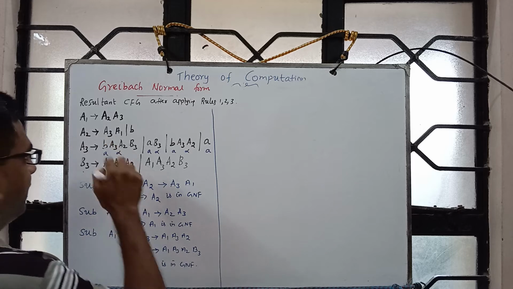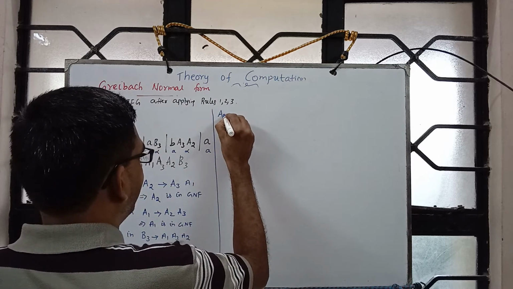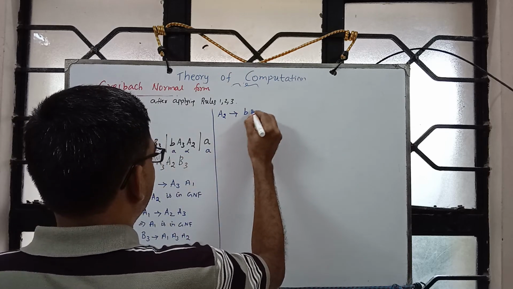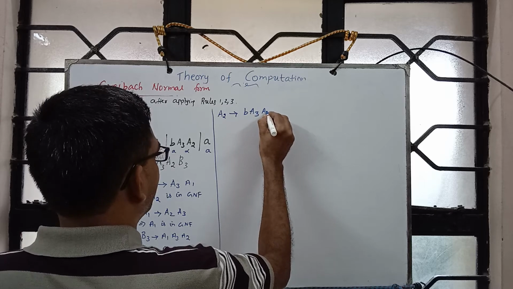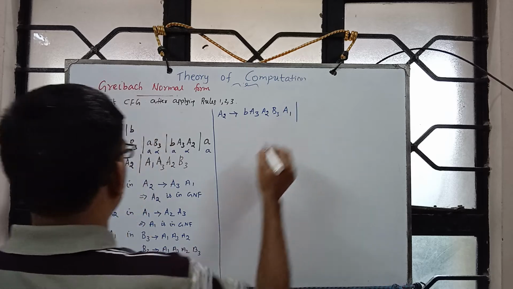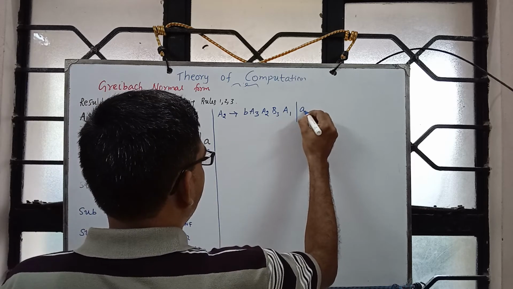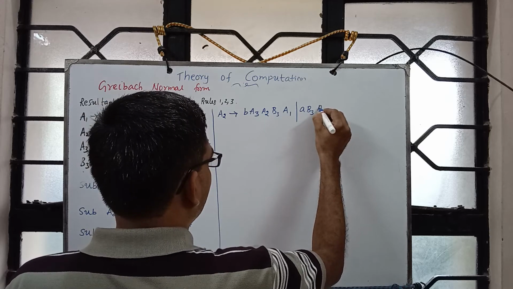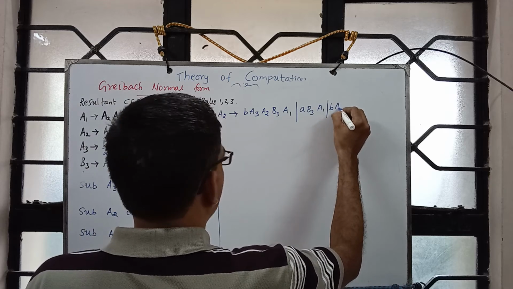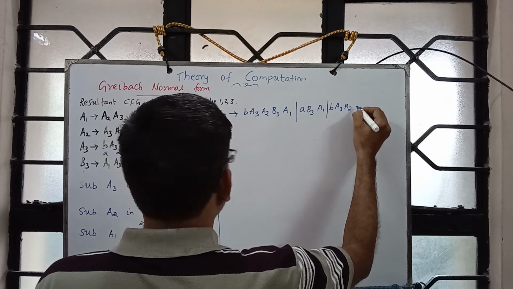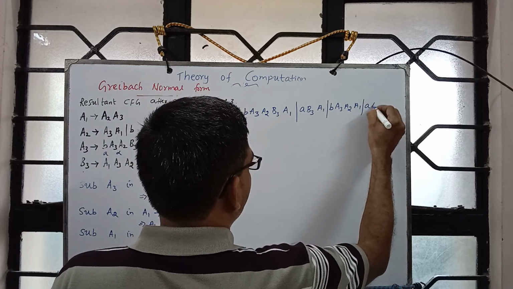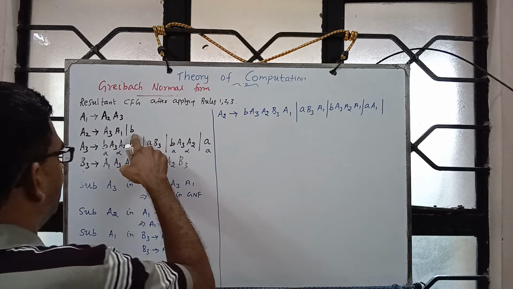Now substitute A3 in A2. Now A2 becomes, we need to substitute each of them, so it becomes B A3 A2 B3 followed by A1, or you may substitute A B3 followed by A1, or you may substitute this, so B A3 A2 followed by A1, or you may substitute A, so we get A1 and this production.